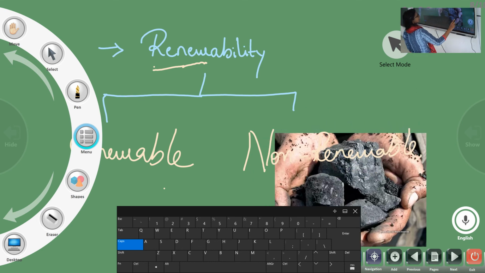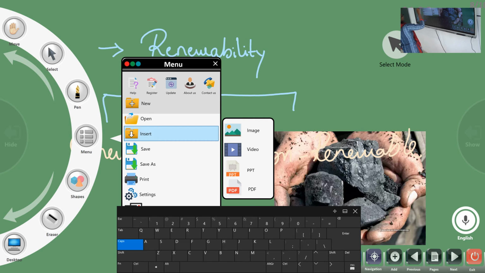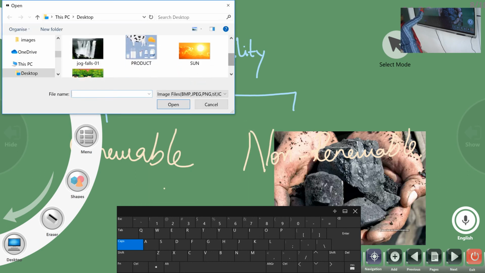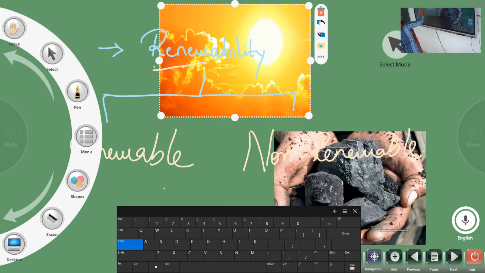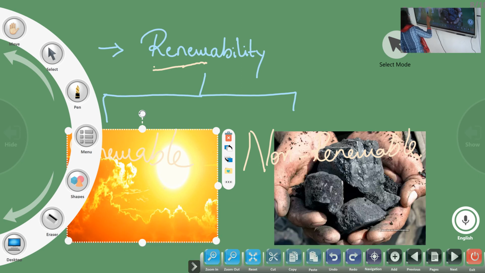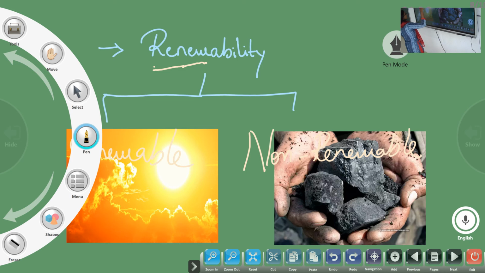Do you know what this is? Can you identify by the picture? Right.